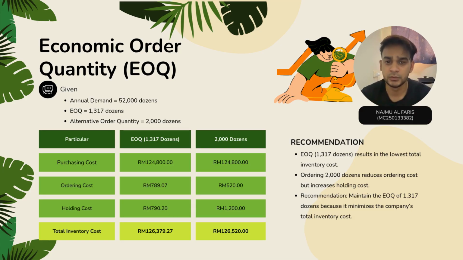If we look at the table on the slide, we can see that the purchasing cost remains the same at 124,800 ringgit for both ordering policies because the annual demand does not change. Next, the ordering cost decreases from 789 ringgit 7 cents under the EOQ policy to 520 when ordering 2,000 dozens, since the company places fewer orders throughout the year.